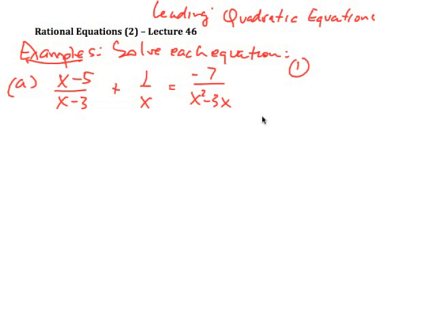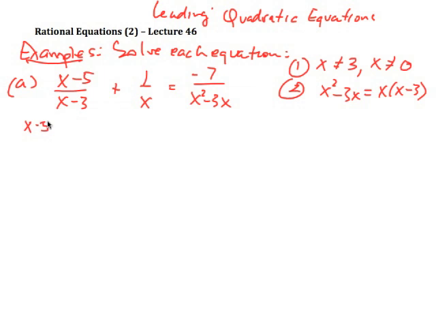Once again we look for things we can't have. Of course we can't have x equal to 3 as a solution, and we can't have x equal to 0. Secondly, x² - 3x is equal to x(x - 3), so the common denominator will clearly be x(x - 3).